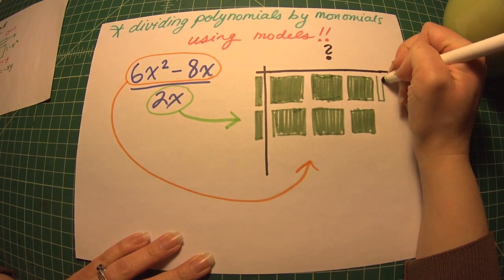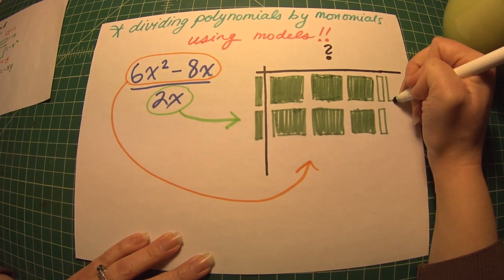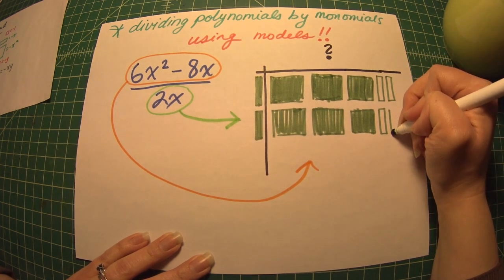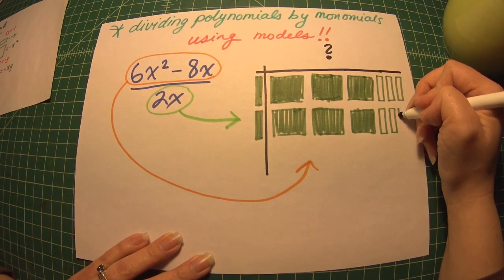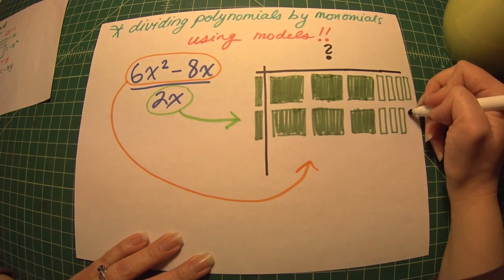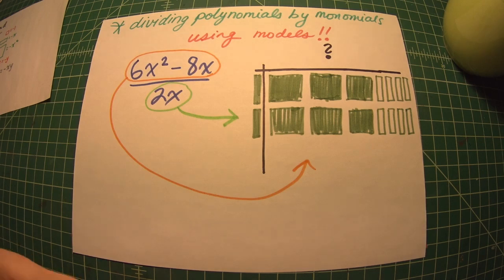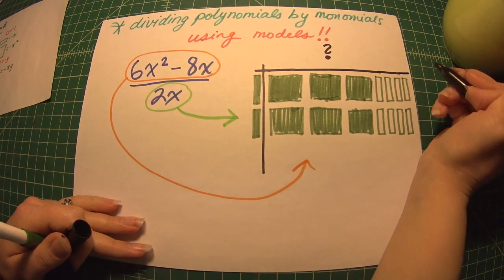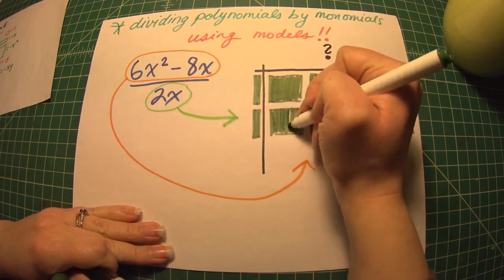So 1, 2, 3, 4, 5, 6, 7, 8. Just enough room on my paper here. All right, oh, some of my coloring is not great here.